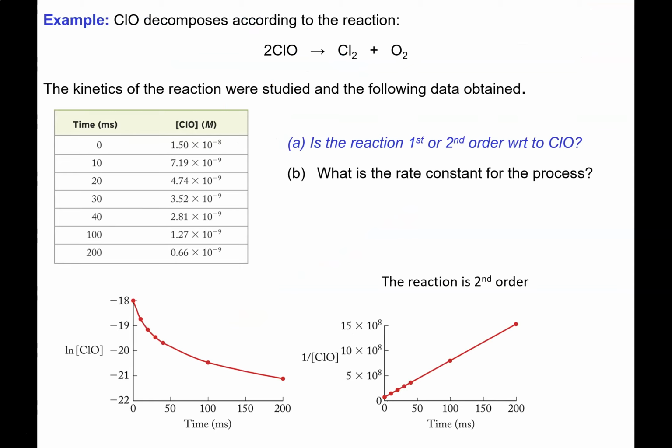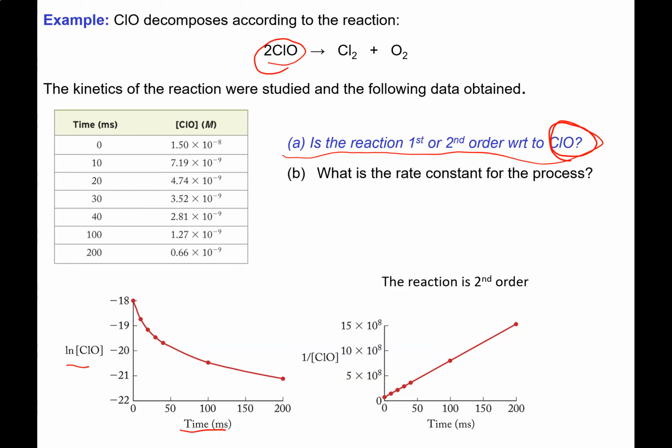So here's an example problem. It says ClO decomposes according to the following reaction. We see that there's just one reactant, so it gives us the opportunity to use the integrated rate law. And then it says the kinetics of the reaction was studied and the following data obtained. And it asks, is the reaction first or second order with respect to ClO? So what we need to do is plot log of the concentration against time.